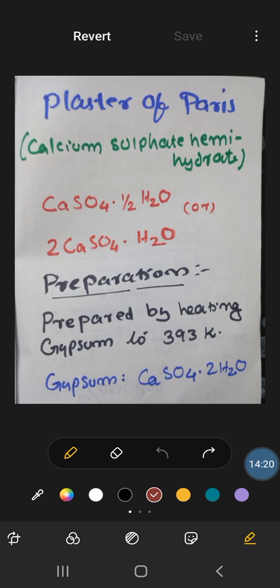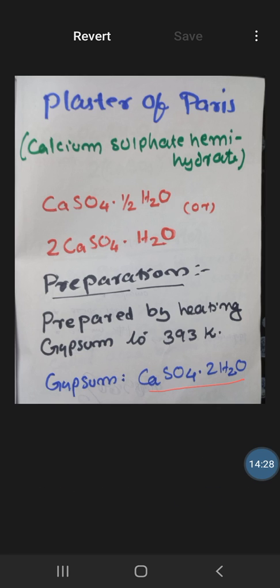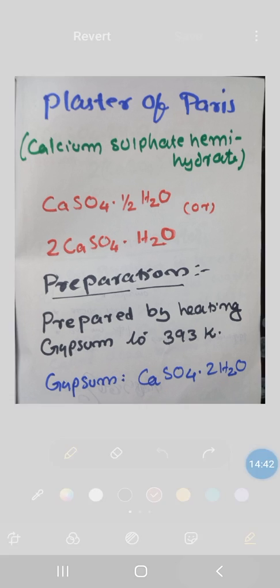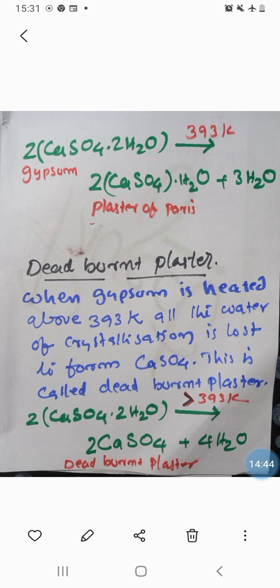Now preparation. How is it prepared? It is prepared by heating gypsum to 393 Kelvin. So gypsum is chemically CaSO4·2H2O. CaSO4·2H2O is known as gypsum. If you heat gypsum up to a temperature of 393 Kelvin, you get plaster of Paris. So this is the equation.